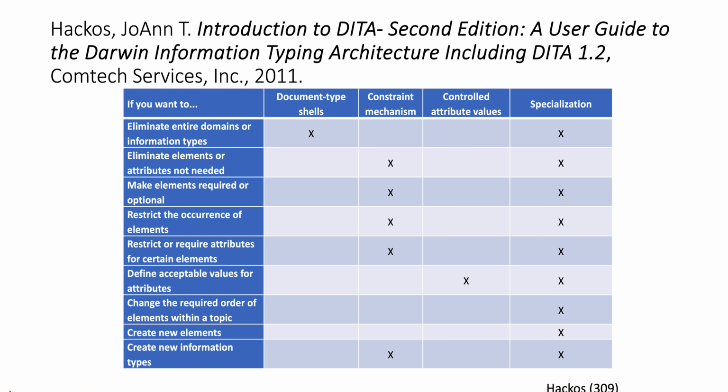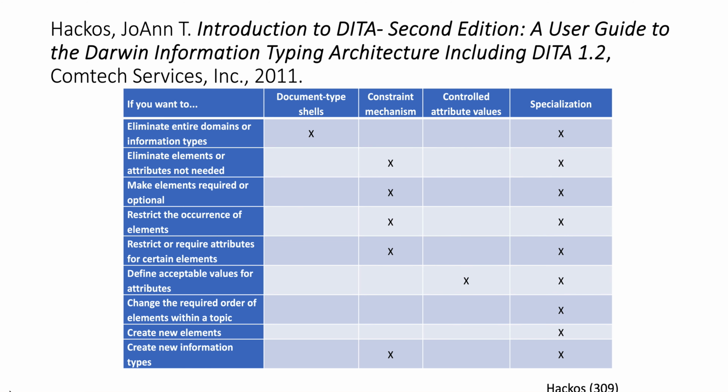There's a book that I am quoting this table from. It's the Introduction to DITA, 2nd edition, User Guide to Darwin Information Typing Architecture, including DITA 1.2. JoAnn Hackos wrote that book, and the particular table that I'm quoting here is from the 2011 publication by Comtech Services. So you can see this table.